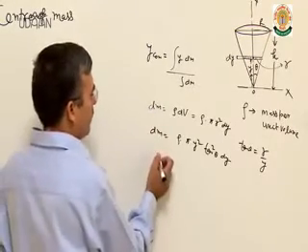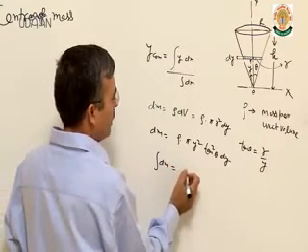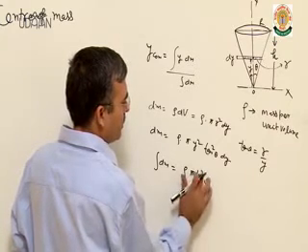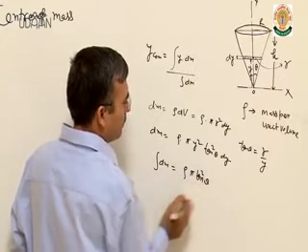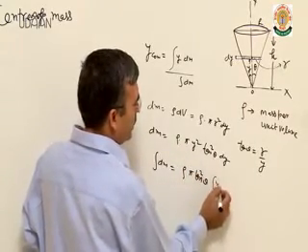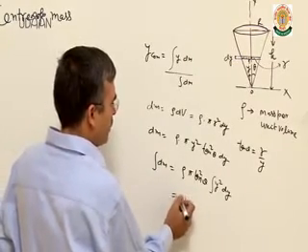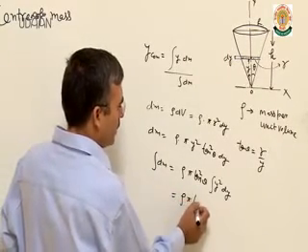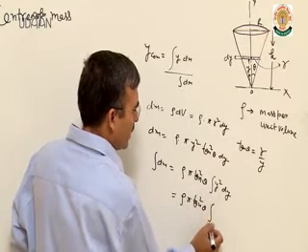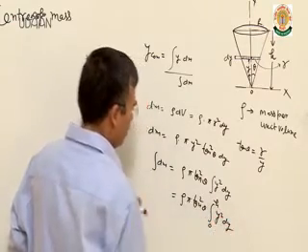Okay. Integration dm, total mass, this will be rho into pi tan square theta integration y square dy. So this will be equal to rho into pi tan square theta, integration limit will be 0 to h, y square dy.